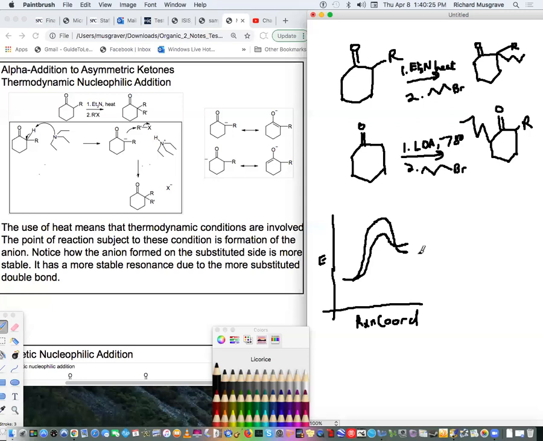Now this is going to be this anion, and that's going to be the lower one. And this one is going to be the other anion on the other side.